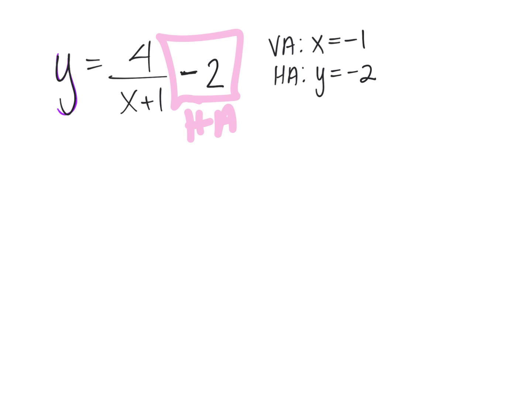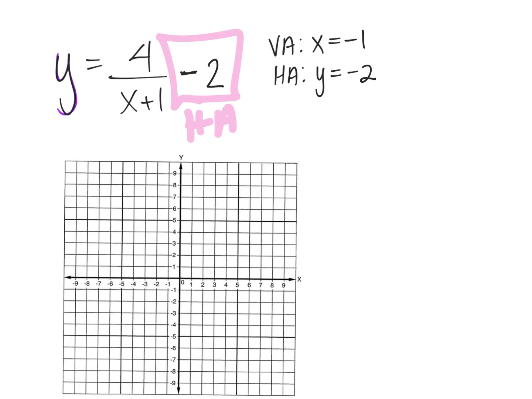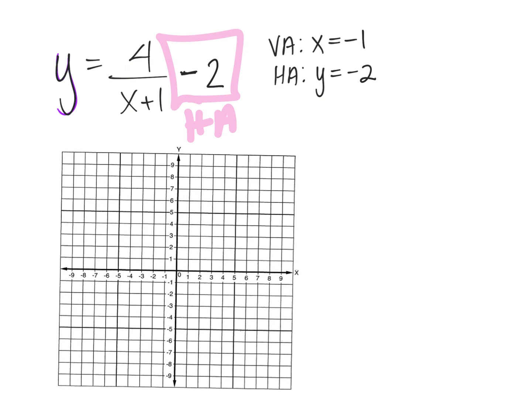All right, let's put them on a graph. Negative 1. And negative 2. Y equals negative 2. What quadrants is it going to be in? Yes.